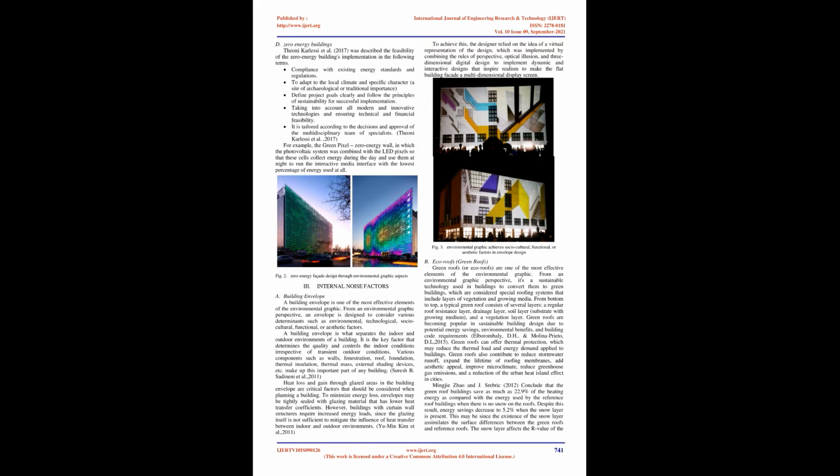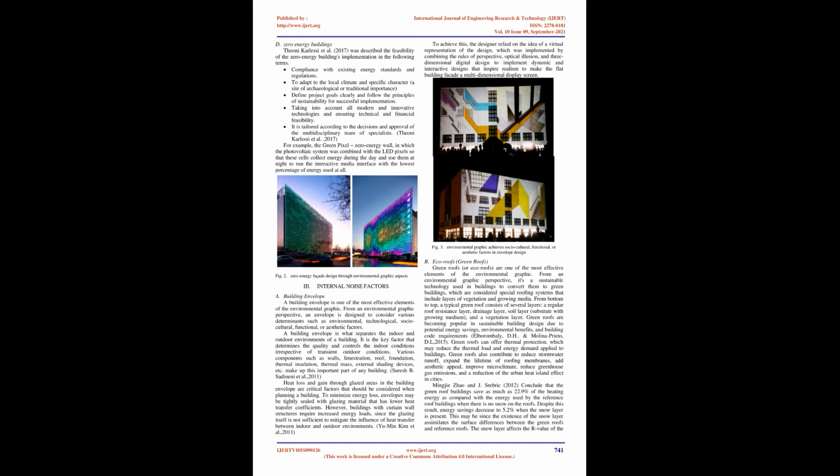From an environmental graphic perspective, an envelope is designed to consider various determinants such as environmental, technological, socio-cultural, functional, or aesthetic factors. A building envelope is what separates the indoor and outdoor environments of a building. It is the key factor that determines the quality and controls the indoor conditions irrespective of transient outdoor conditions.